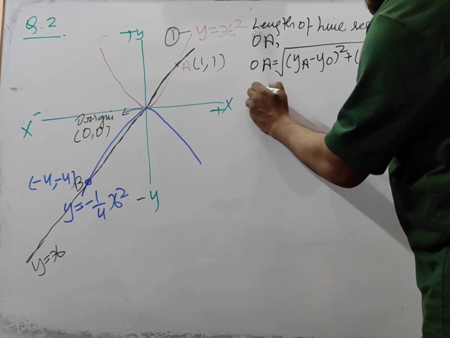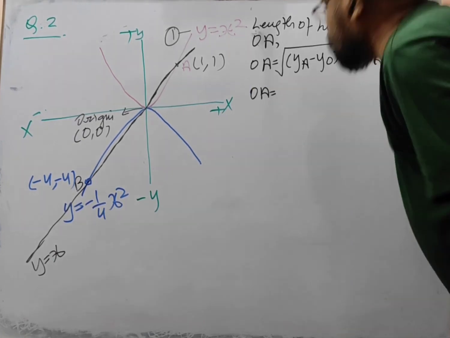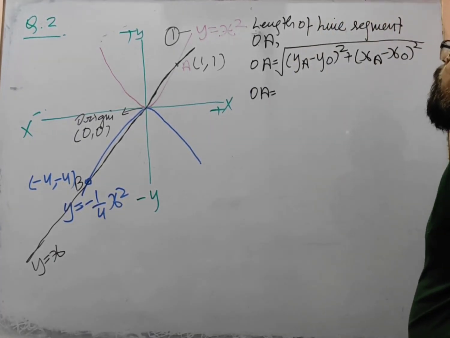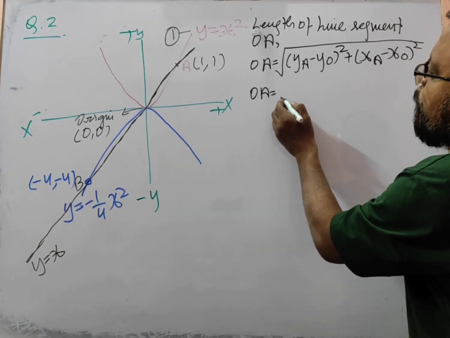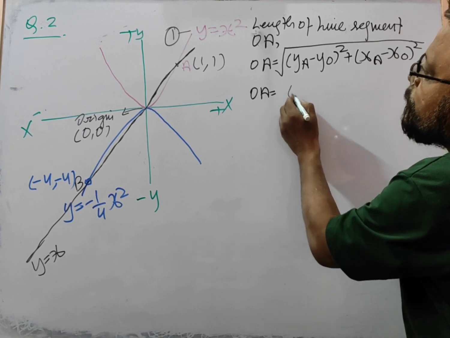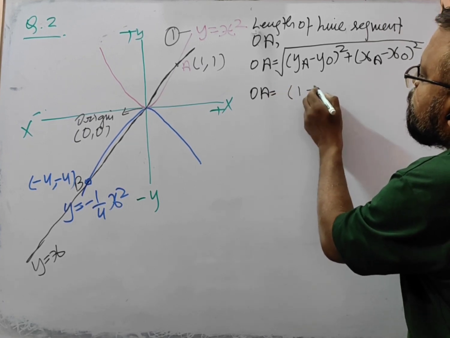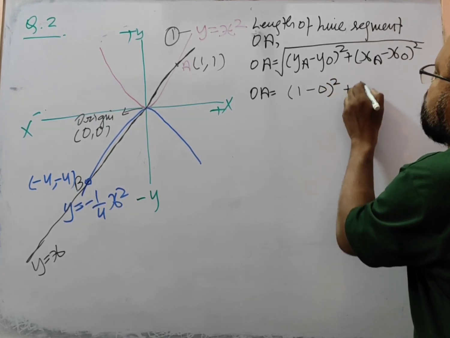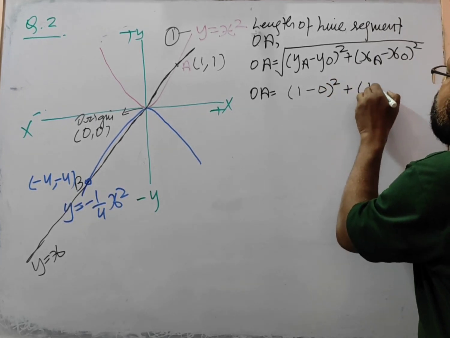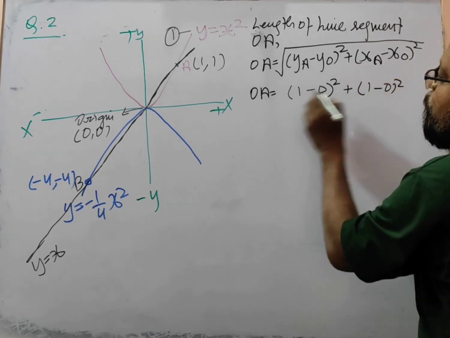So OA is equal to square root of YA is 1, origin is 0, whole square, plus XA is 1 minus 0 whole square.